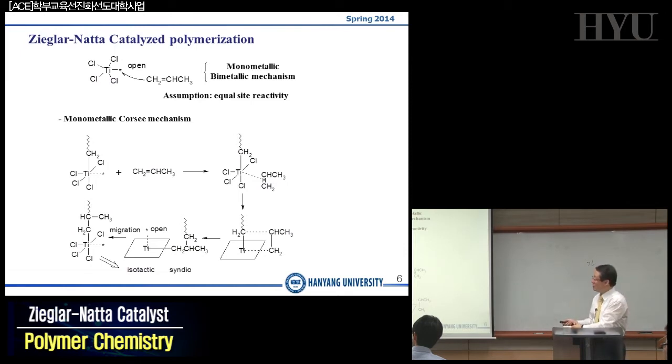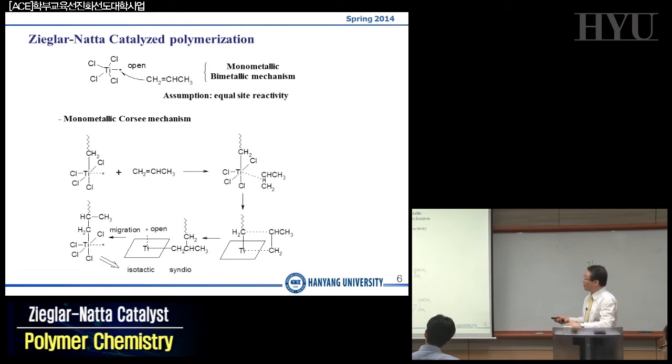For example, if I have a titanium tetrachloride incorporated in the catalyst and have a growing chain, how the propylene will be added is described here in these mechanisms.